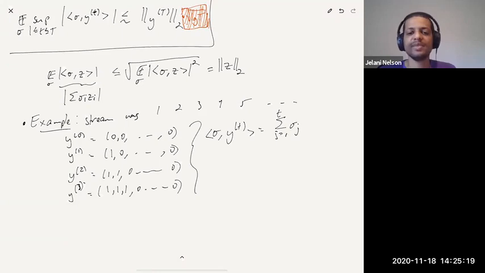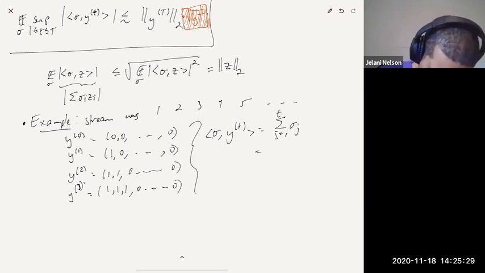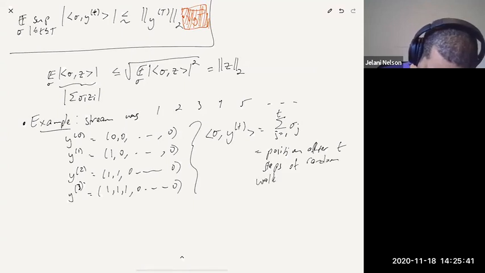So sigma dot y_t is basically your position at time t after doing a random walk on the line for little t steps. This is equal to the position after t steps of a random walk on the integers, starting from the origin.